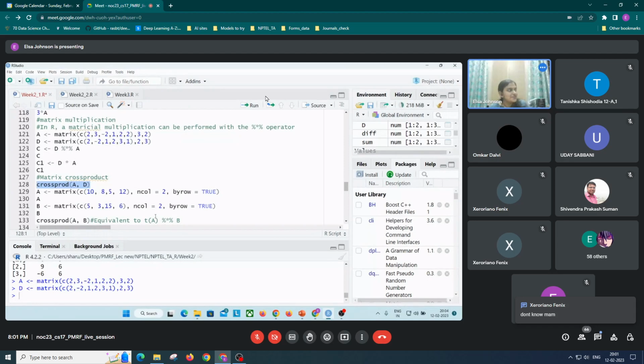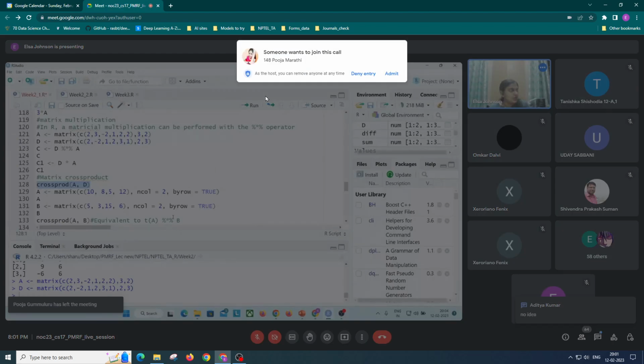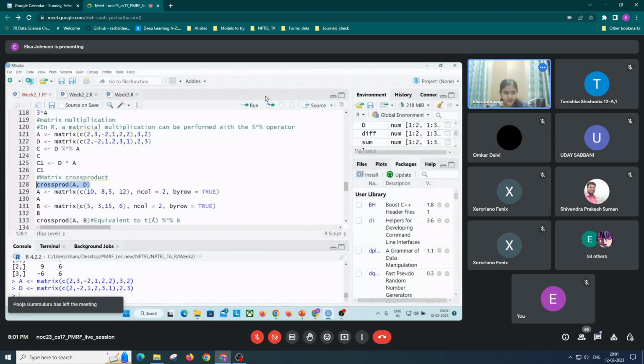It is the transpose of A multiplied by D. Transpose of A, just write like this. The transpose of A, with matrix multiplication, into D. That is the cross product.